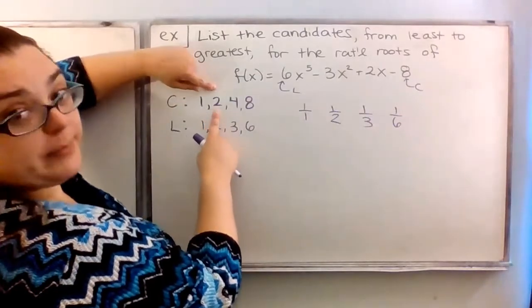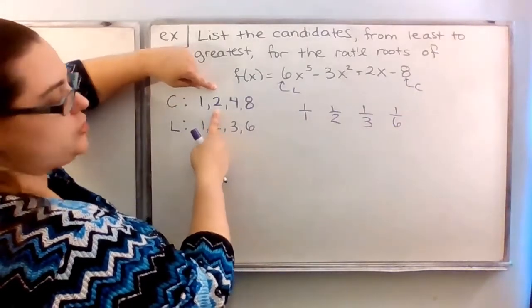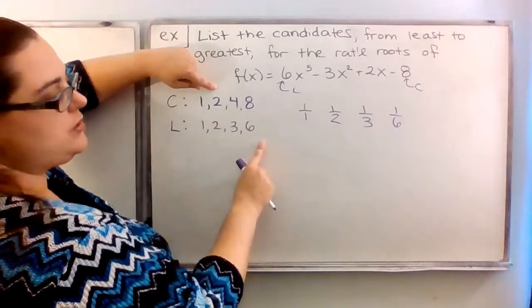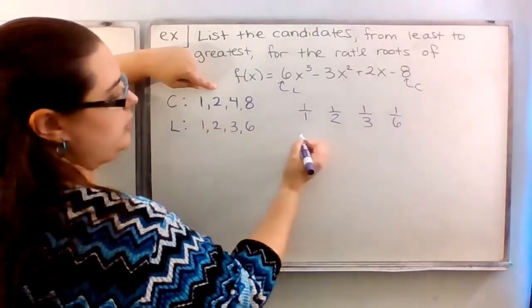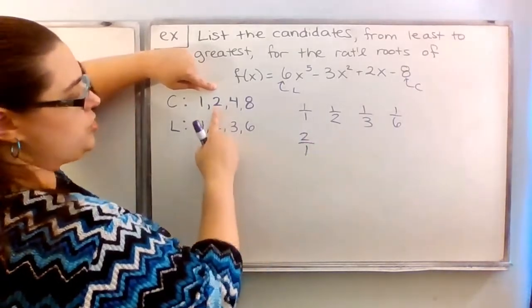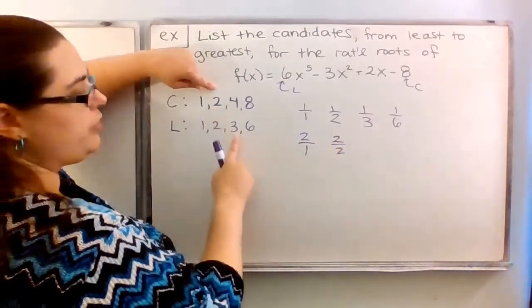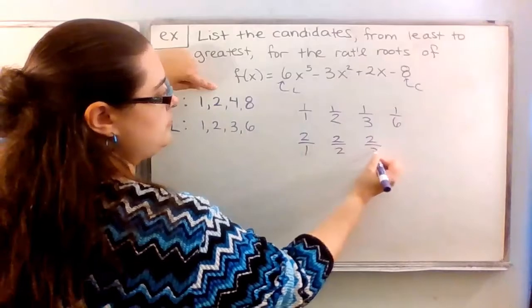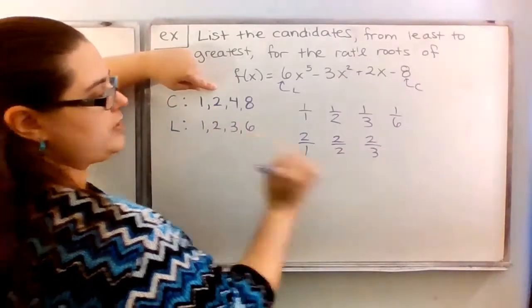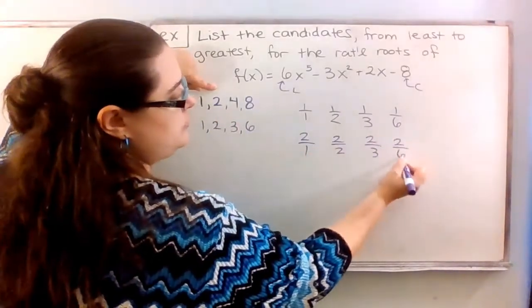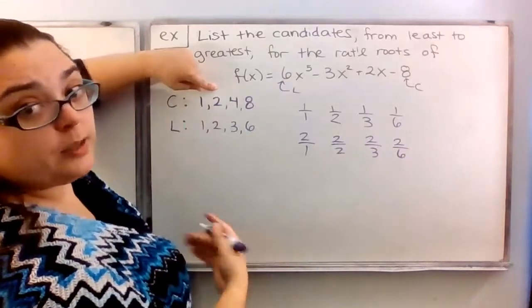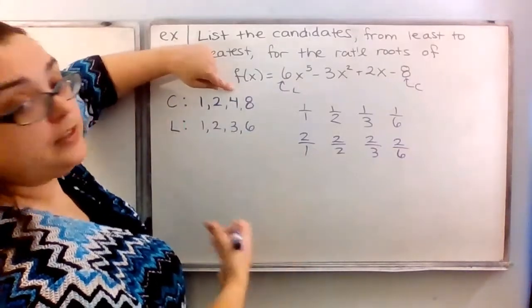Then I'm going to move over to my next value of C and repeat. So I'm going to put 2 over each of these. So 2 over 1, 2 over 2, 2 over 3, and then 2 over 6. Then I'm going to move over to my next value of C and repeat.